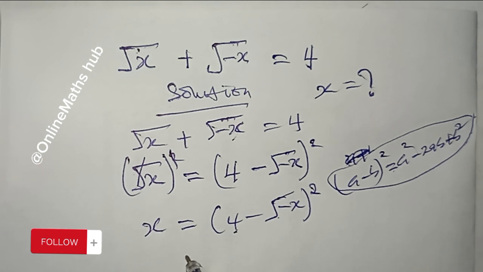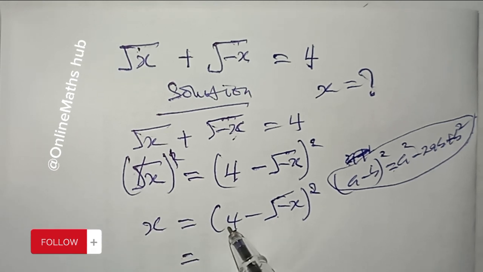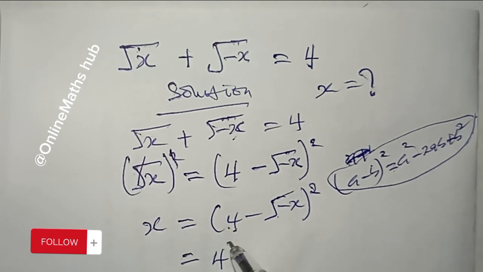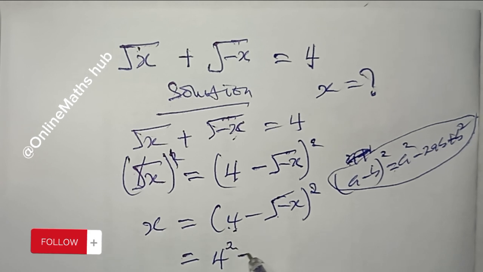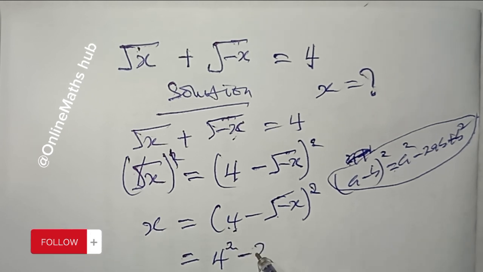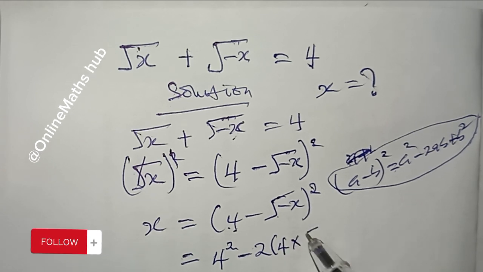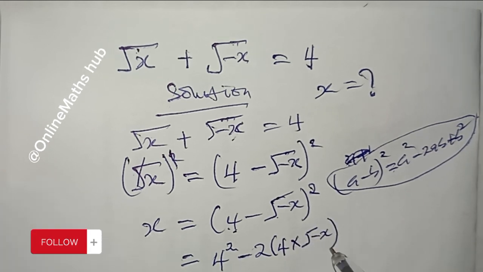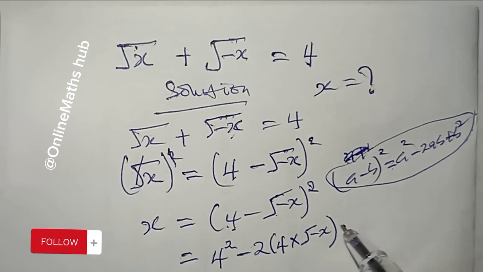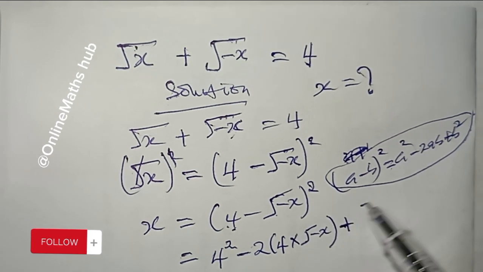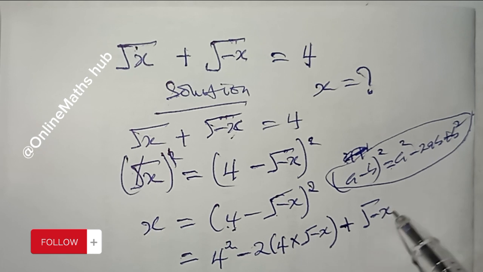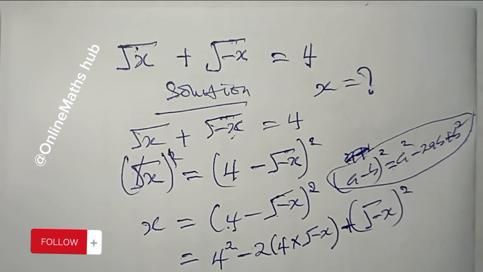Using that, my a squared here will be 4 squared, minus 2ab, which gives me 2 multiplied by 4 times root negative x, and then plus my b, which is root negative x, all squared.